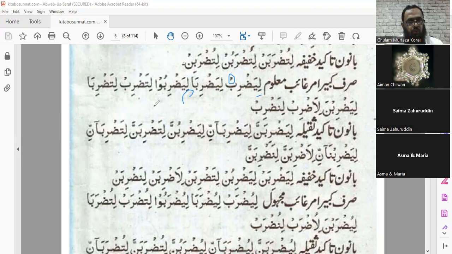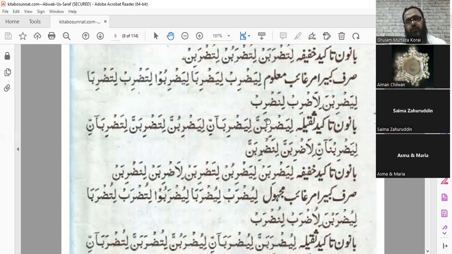So these are the 3 very simple things which we will repeat, along with the complete rule of how it is done. That is what Li Yadrib means, that he should hit or strike.